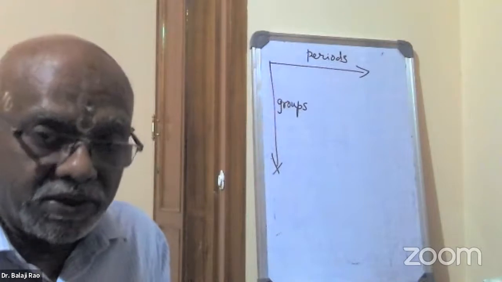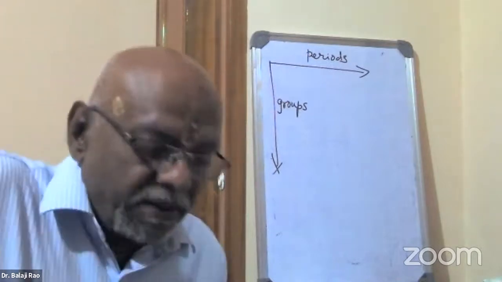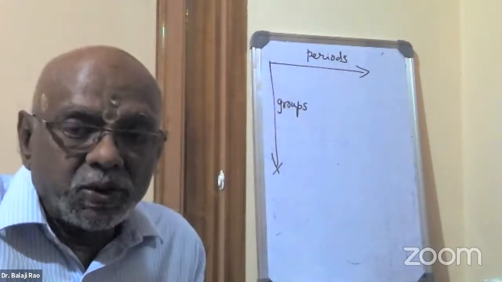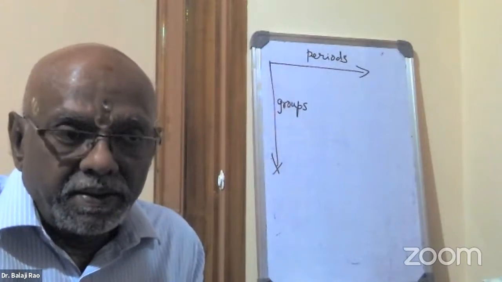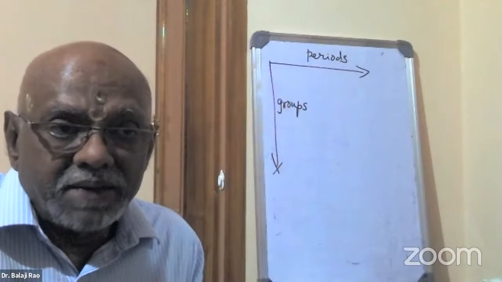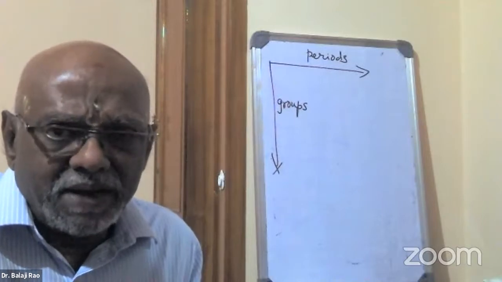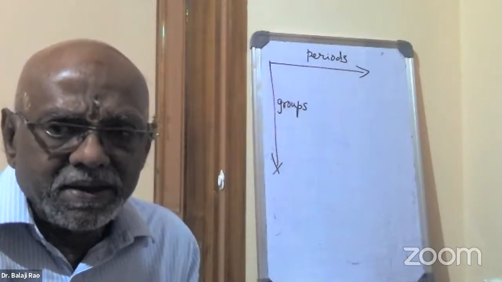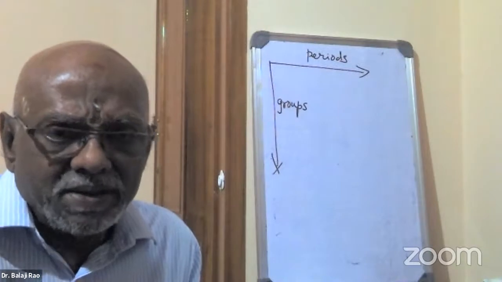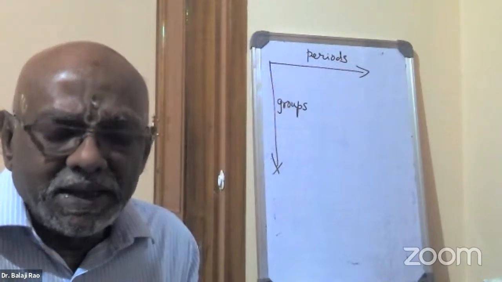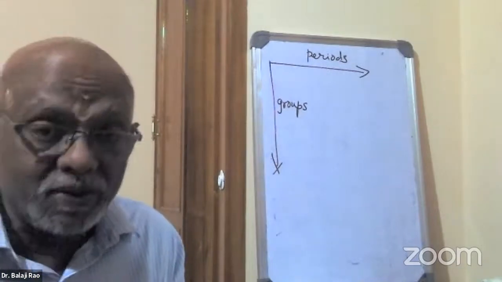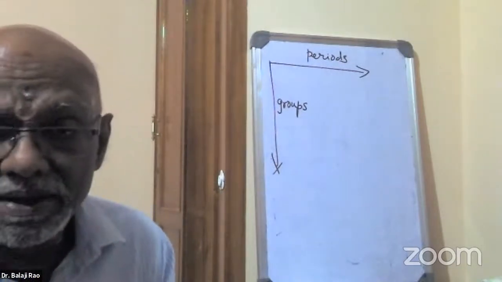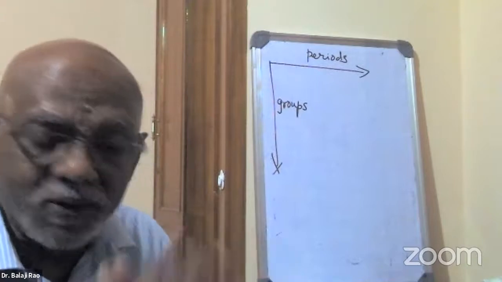Now, going to the history of the modern periodic table, when the neutron was discovered way back in 1940. Till then, the structure of the atom, you have all gone through the structure of the atom, you know very well that there is a nucleus, and around the nucleus there are electrons in shells, and the number of electrons is always equal to the number of protons, and protons are held together by neutrons.